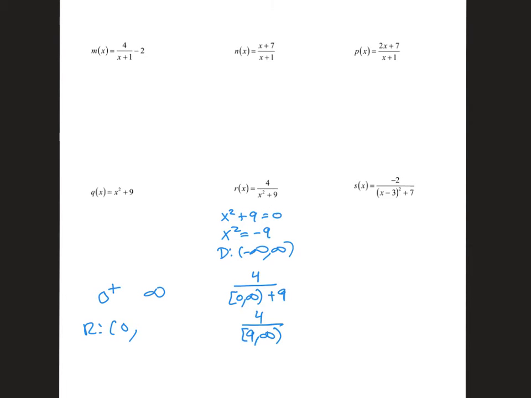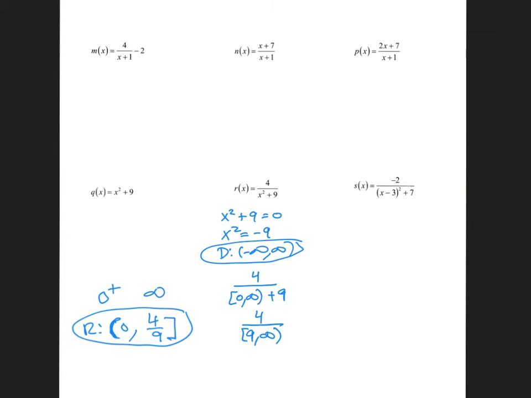The smallest number I have is 9, which means the biggest this is going to be is certainly not infinity. Instead, the biggest will be 4/9. So that was R of x. The domain was all reals, and the range is 0 to 4/9, with 4/9 included.